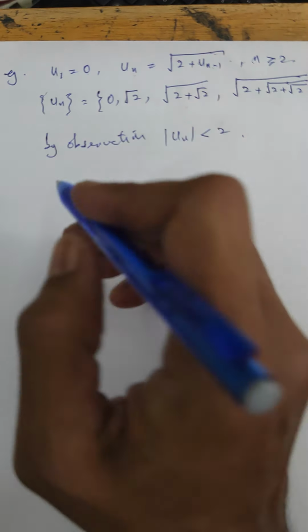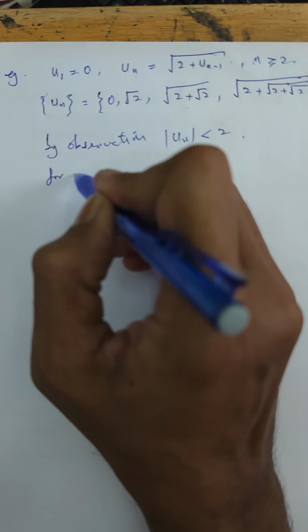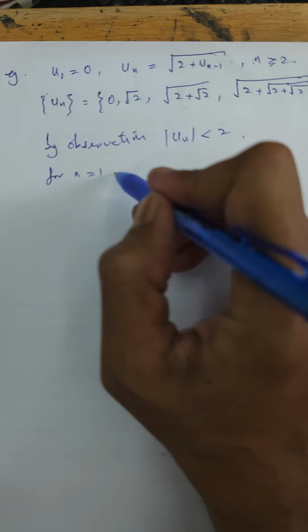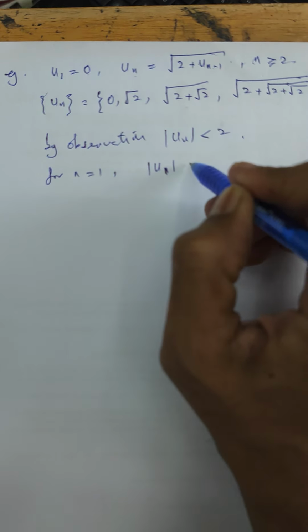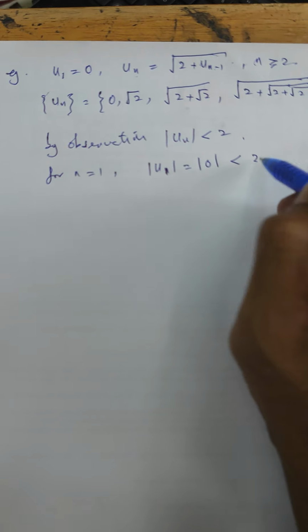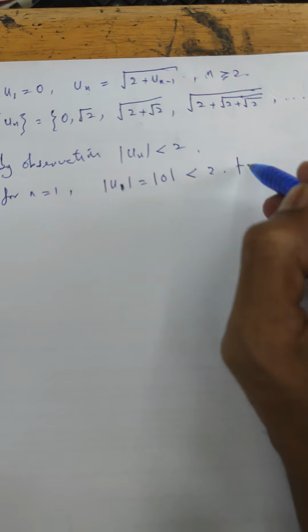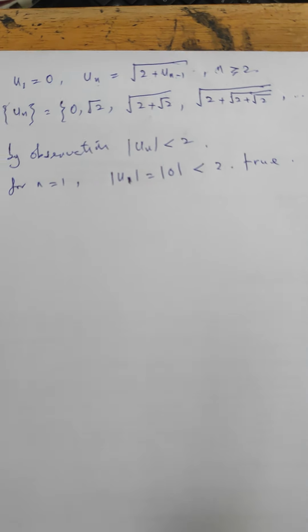So then you can say, for n equals 1, we have u1, which is 0, which is less than 2. So this is true. Alright?